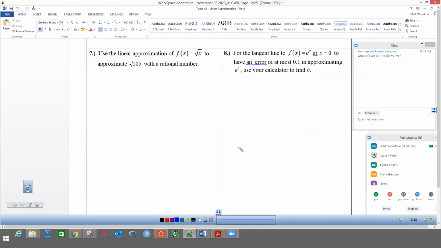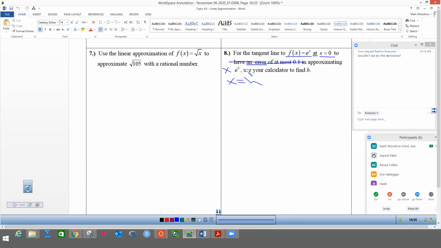Okay, it says for the tangent line to this function, so here's our function, at x equals 0. All right, we're not going to worry about this. Let's see. It says approximating e to the h. So we're going to let, this is saying let x equal h.